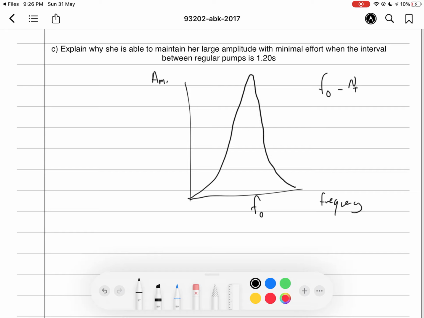As you can see, at this natural frequency we have our maximum amplitude. So the diver is applying a force at the natural frequency, which causes a very large amplitude of oscillation, and that means she doesn't need to apply a lot of force to achieve this very large amplitude. This effect is called resonance.